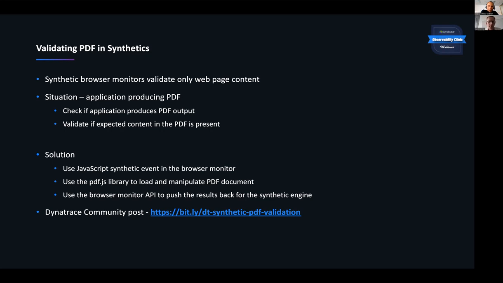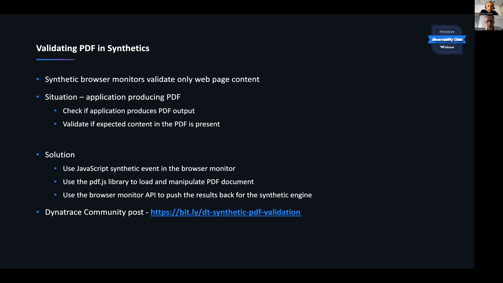This is quite a common requirement because we want to know the application is really working. And since you don't interact with a native application like Acrobat on the synthetic host, you can't do that. So we need to check it in our browser. We want to check that the PDF is valid and that the application is behaving as expected.